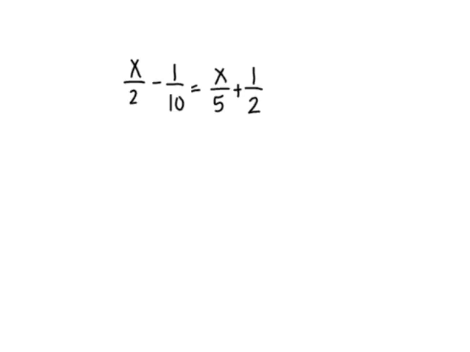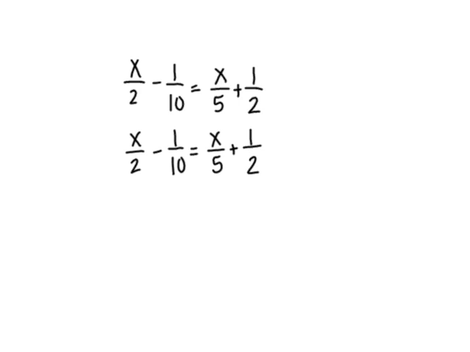Still continuing our study of fractions, my next problem is x divided by 2 minus 1/10 equals x divided by 5 plus 1/2. To keep my original nice and clean, I'm just going to rewrite the problem, which you do not have to do.